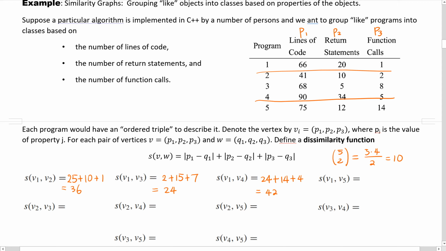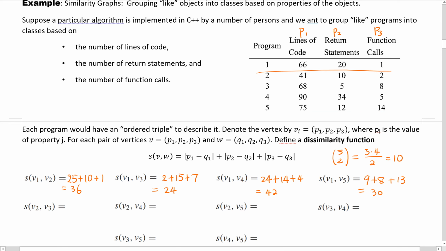Let's continue. V1 and V5. 75 minus 66 is 9. 12 and 20, so 8. And then 13. So 9 plus 8 is 17, plus 13, 30.